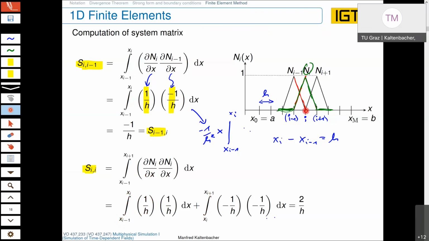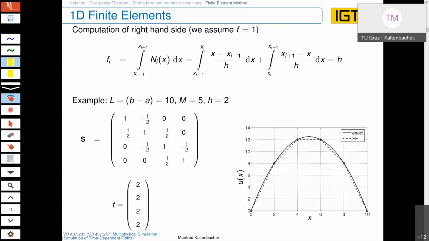In the part from i to i+1, it is always minus 1 over h, as we have written it here. So at the end, if you evaluate this, you get 2 over h. That gives a special property to the system matrix: the diagonal entries are positive and the off-diagonal entries are negative. That gives you a very special property, and you can use standard solvers.